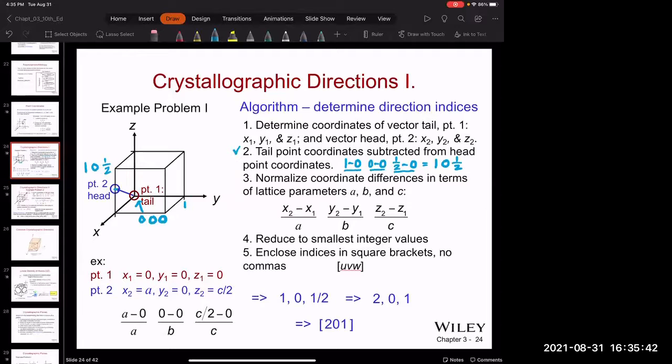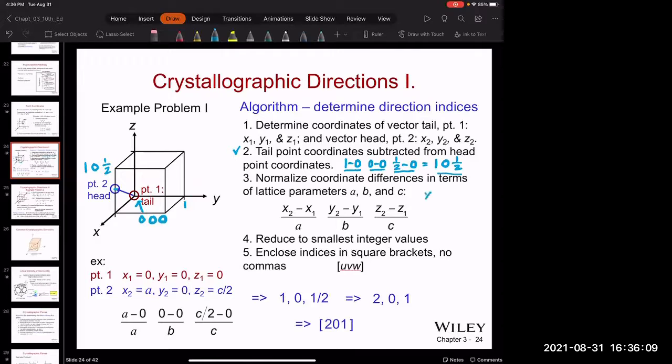Now, when we define a direction or a plane, we don't use rational numbers. We like whole numbers. So you're going to find the smallest whole numbers by multiplying by the smallest integer that makes them all whole numbers. What number should we multiply with this one here?